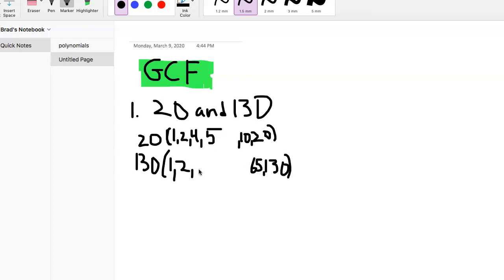Okay, 3 doesn't work. 4 doesn't work. Be careful when you're checking these though. 5 actually does work. So we have 5 and 26 works.